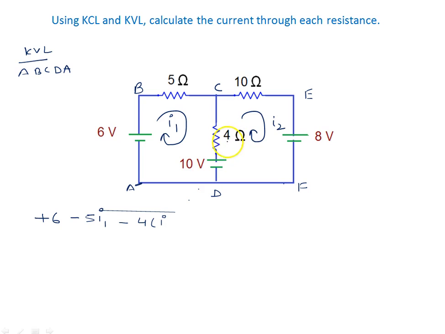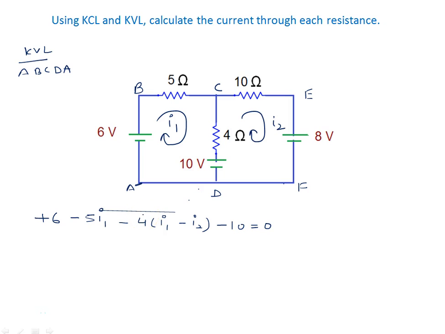But I2 is opposite to the direction of flow, so you will say minus I2. So ultimately it will be minus 4 I1 plus 4 I2. So you can say the net current in this direction is I1 minus I2. And then you will say plus 2 minus, so you will say minus 10 equal to 0. Okay, you get one equation in I1 and I2.